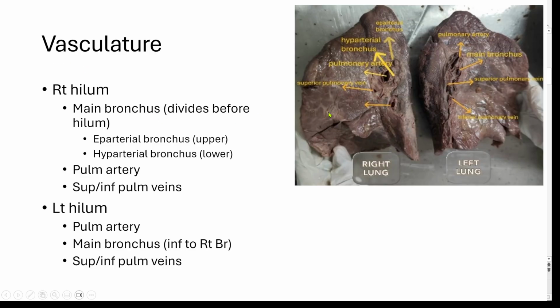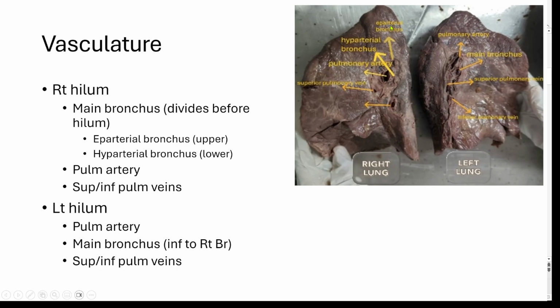Vasculature is very rough in here, difficult to remember. On the right hilum, it's a little bit different than the left hilum. The right hilum has an eparterial bronchus and a hyparterial bronchus because they're situated above and below the pulmonary artery.